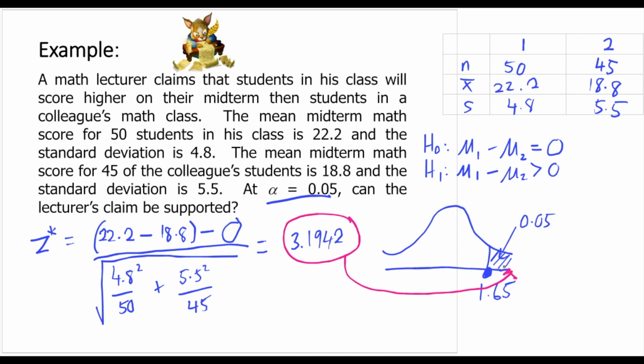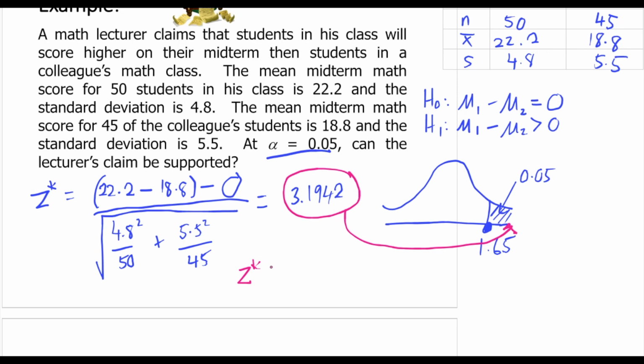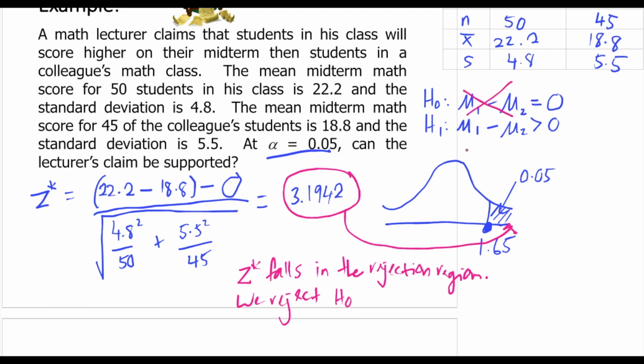Let's make a decision and a conclusion. Z star falls in the rejection region. So we reject H null. What happens when we reject H null? mu1 minus mu2 is greater than 0. Can the lecturer's claim be supported? What is the lecturer's claim? I forgot to write it out, right? So, a math lecturer claims that students in his class will score higher.